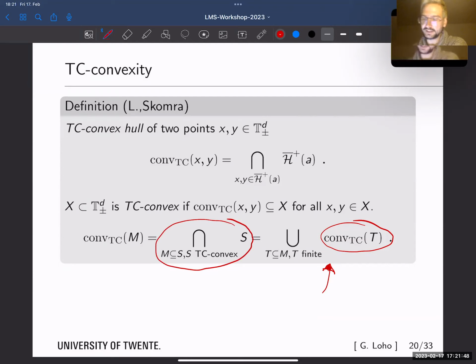Okay, so we defined this hull operator of TC convexity from line segments, but for these line segments, we used the idea that we want to take the intersection of all closed half spaces containing, let's say, the endpoints.